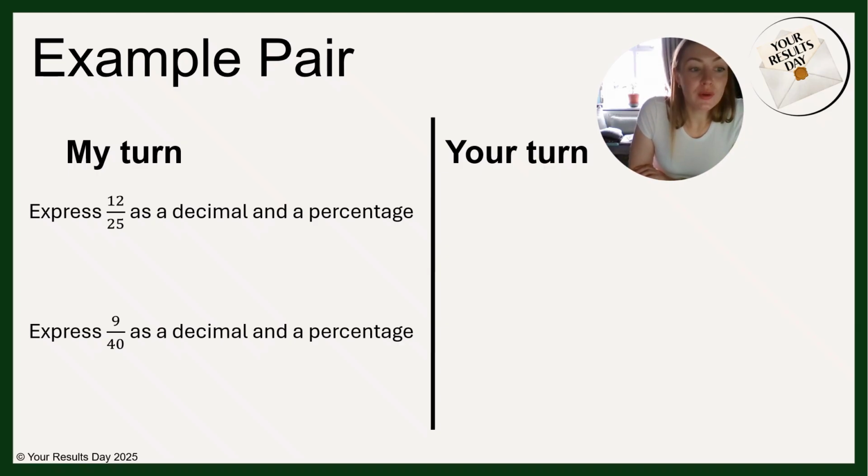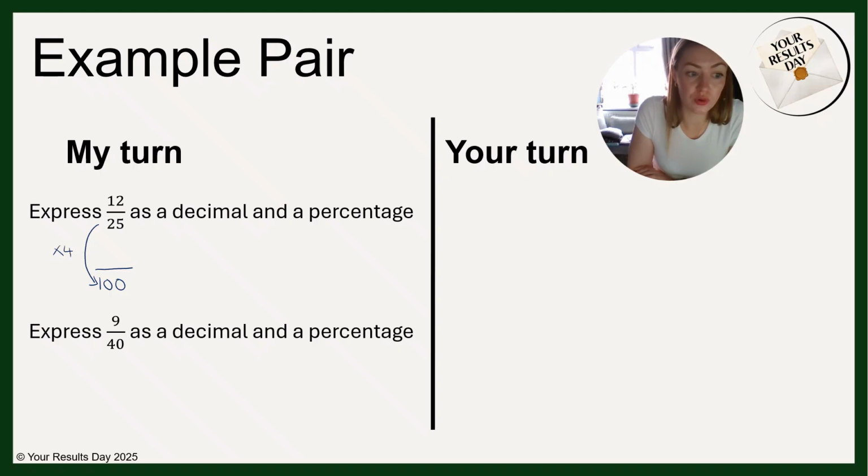What I would always suggest before you start this question is trying to convert your fraction to have a denominator of 100. If you can do that, making it a decimal and a percentage will be much easier because as we've seen on previous slides, when we've converted to a fraction, we've always gone for over 100 before simplifying. So if I want to make this over 100, I need to ask myself, how many 25s go into 100?